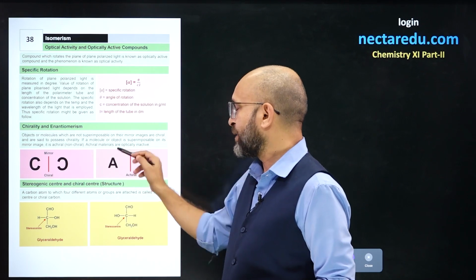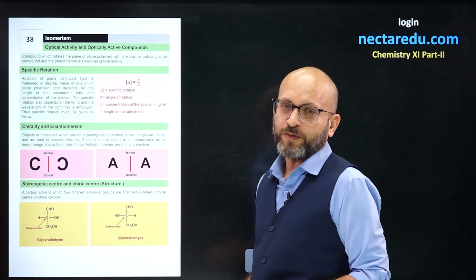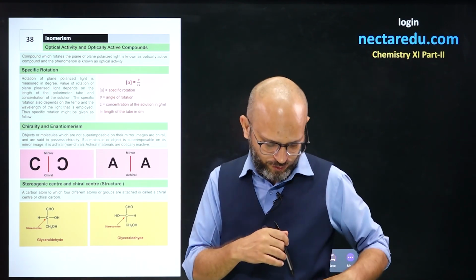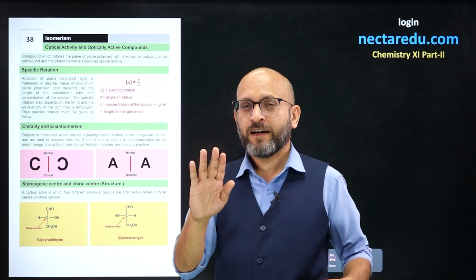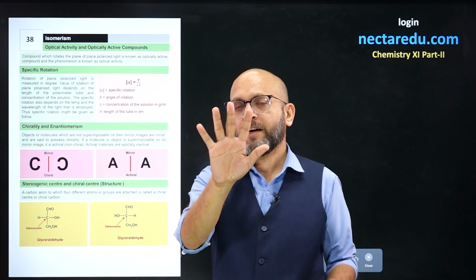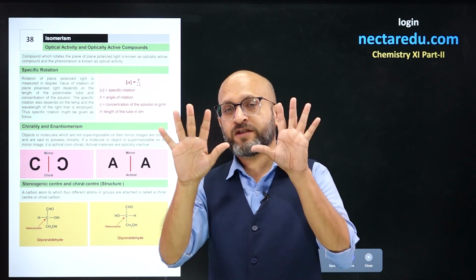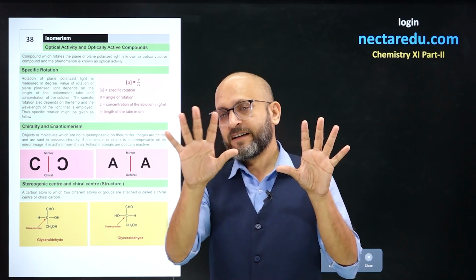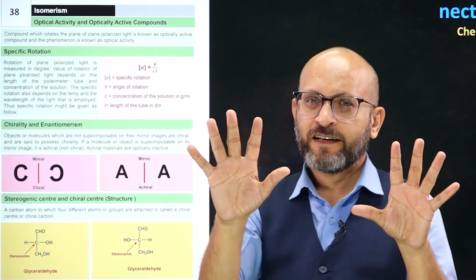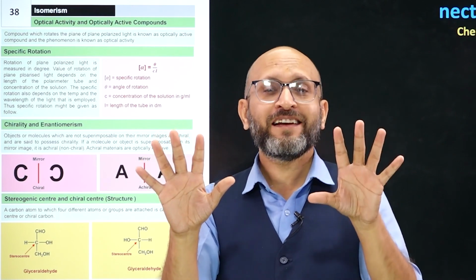Whereas A has a plane of symmetry, so A and its mirror image are superimposable. Let me explain it with my hand. This is unsymmetrical, and if this molecule is dextrorotatory, then its mirror image, this hand, will be levorotatory.